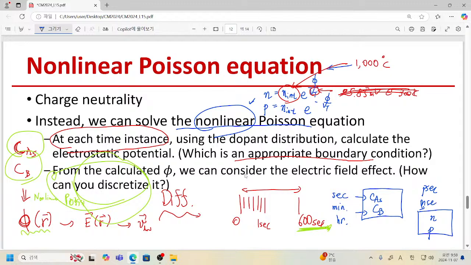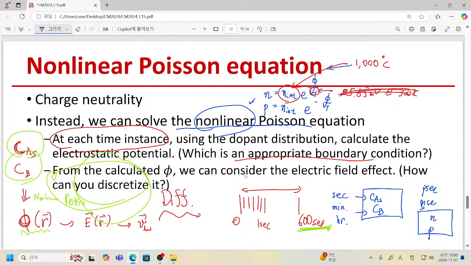So although our arsenic and borons are slowly moving inside our silicon crystal, when the dopant density profiles change, our electrons and holes can almost immediately adjust their distribution according to this slow change of dopant distribution.